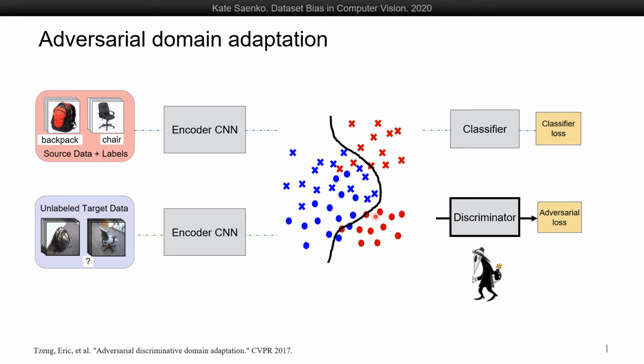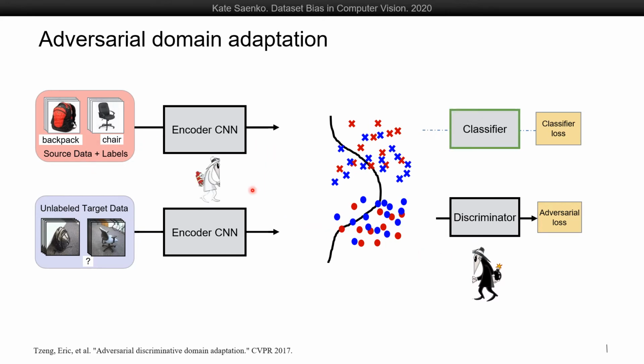We're going to train the discriminator to minimize its error on this domain prediction task. And then this black line shows a hypothetical decision boundary that the discriminator might have learned at the end of that training stage. Now we're going to do an adversarial training regime where we're again going to freeze our discriminator, and now we're going to train the encoder on both source and target data.